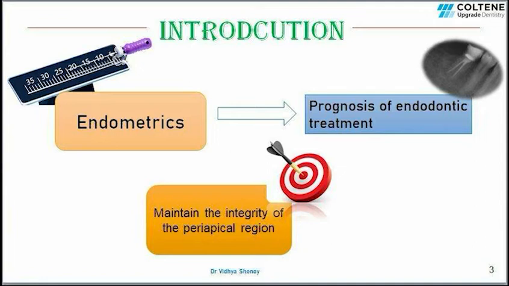Of course, this is important because we have to remove the microorganisms from the root canal system. But along with this, we should also keep in mind that we have to maintain the integrity of the periapical region. There should be no violation of the periapical region of the tooth. Why this is important, we'll discuss in the coming slides.